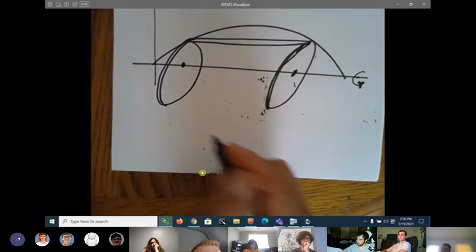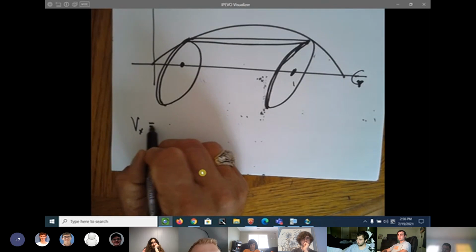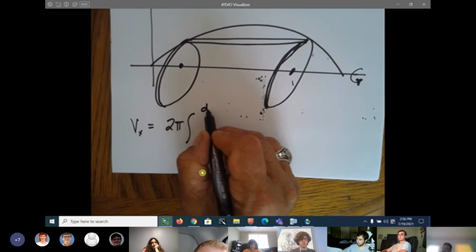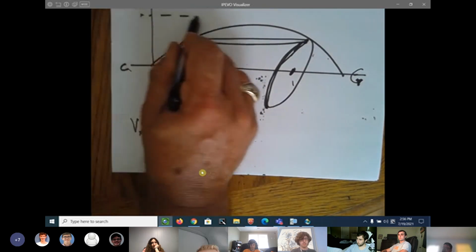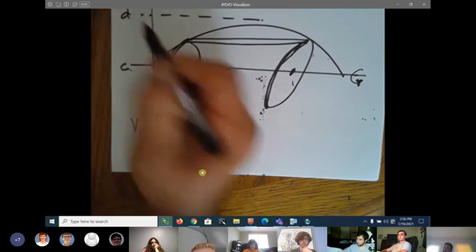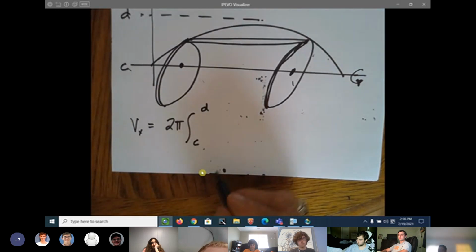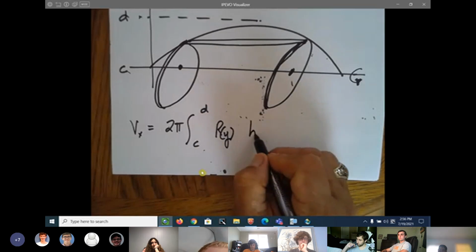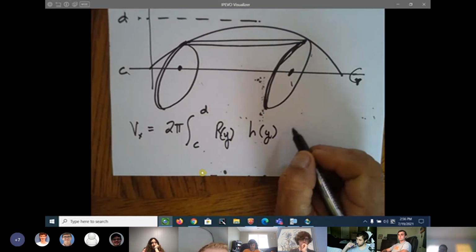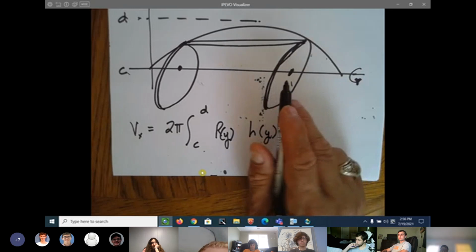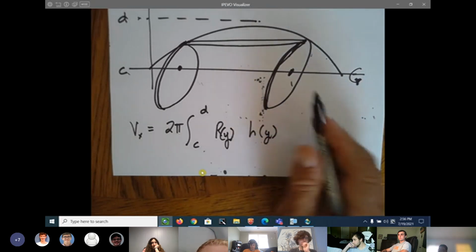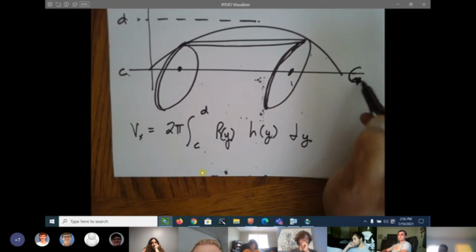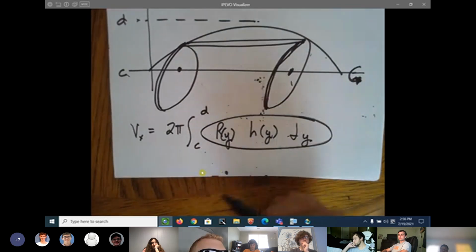And in that case, it would be volume around the x-axis is equal to 2 pi integral from c to d. And this is c. D would be up here. R of y times h of y. Now remember, this is a shell. And if the shell goes around the x-axis, you got to put everything in terms of y.